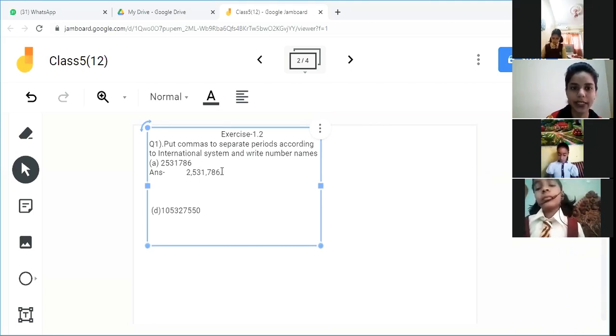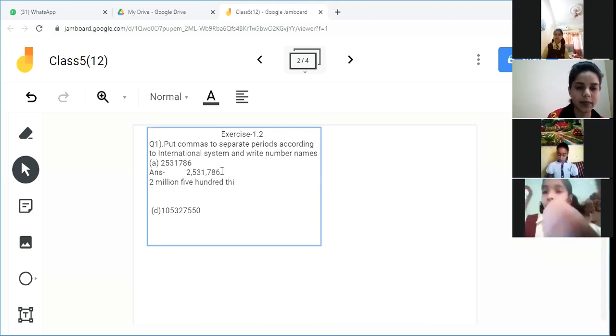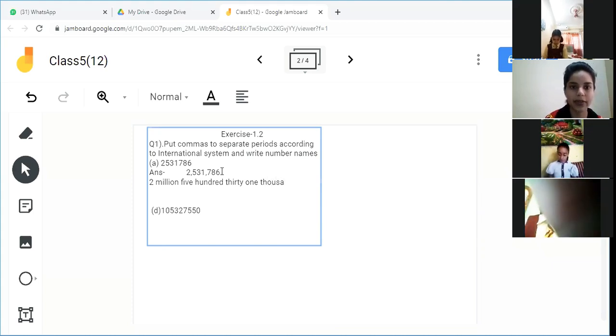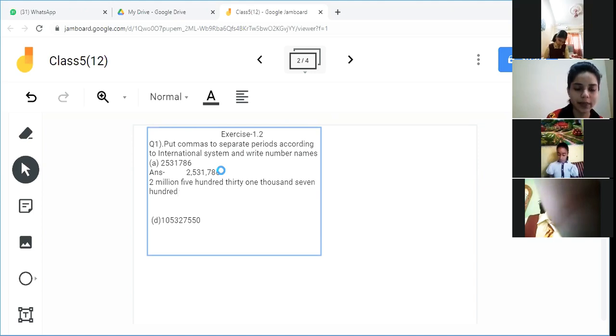So how will we read this? 2 million, 531,786.